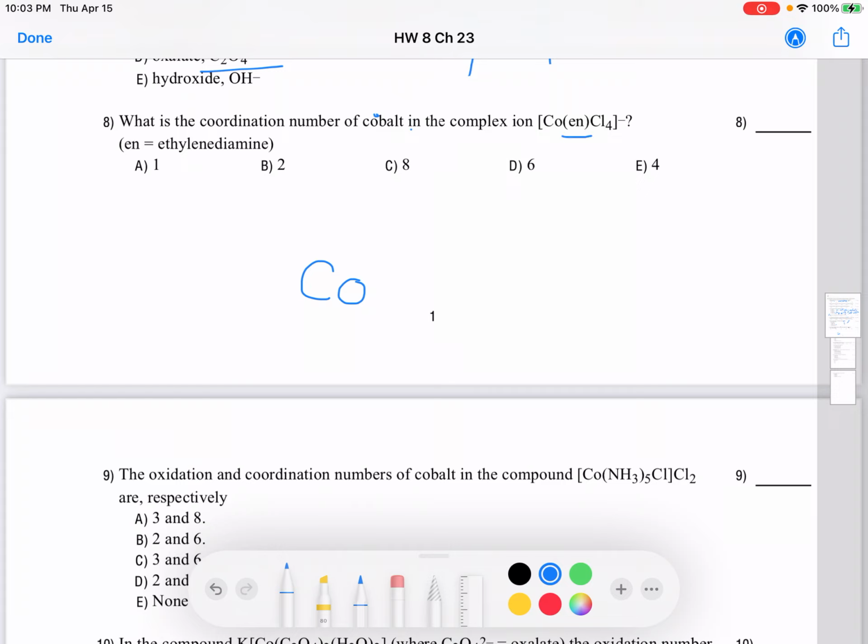En stands for ethylenediamine. Ethylenediamine looks like this: CH2, CH2, and it has two NH2 groups. Through the nitrogen, it can coordinate to the central cobalt atom. So this is also a bidentate ligand, en.